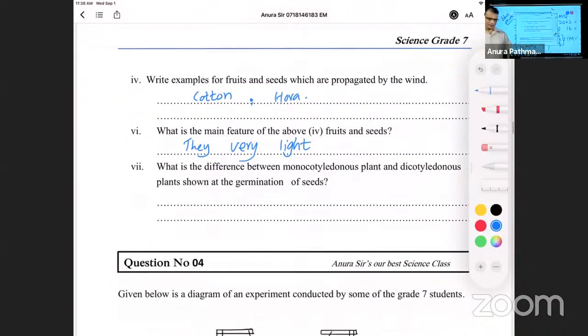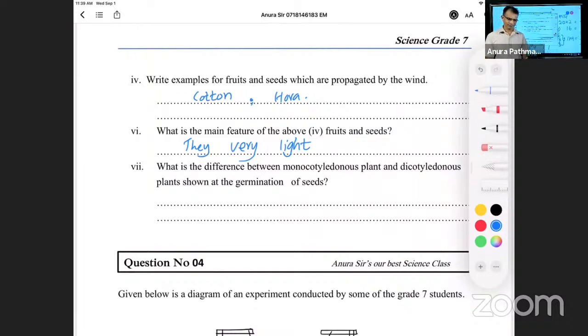What is the difference between monocotyledonous plants and dicotyledonous plants shown at the germination of seeds? Monocot has only one seed lobe. Dicot has 2 seed lobes.